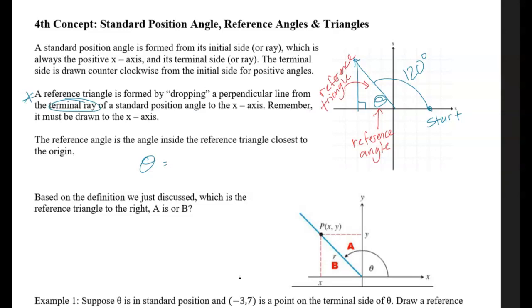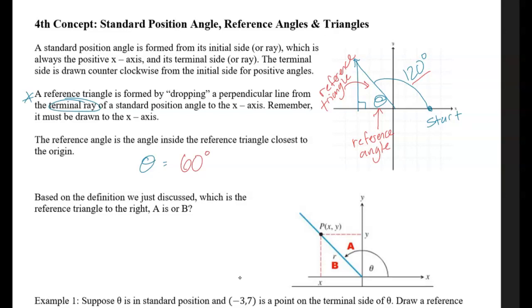Yes, that angle theta there, that reference angle is 60 degrees. And you know this because you know that a straight line, like the x-axis, always adds up to 180 degrees. So if this angle is 120, you would do 180 minus 120, and you get 60 degrees.